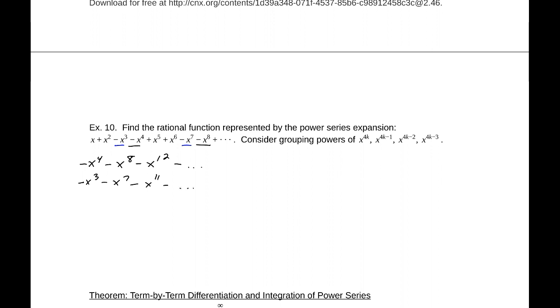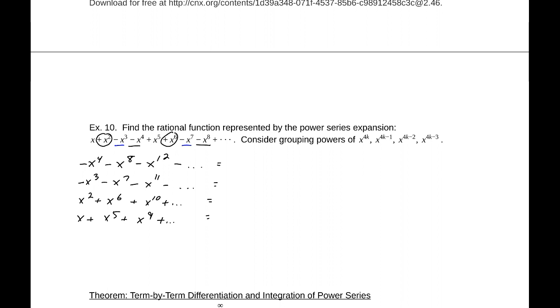Okay. Next down, x squared, x to the 6. These are all adding. x to the 10, and then I have x plus x to the 5th plus x to the 9. All right, now I'm going to factor each of these.